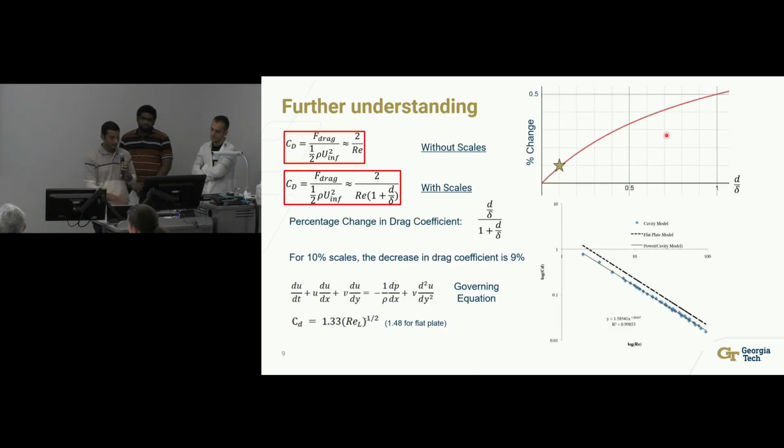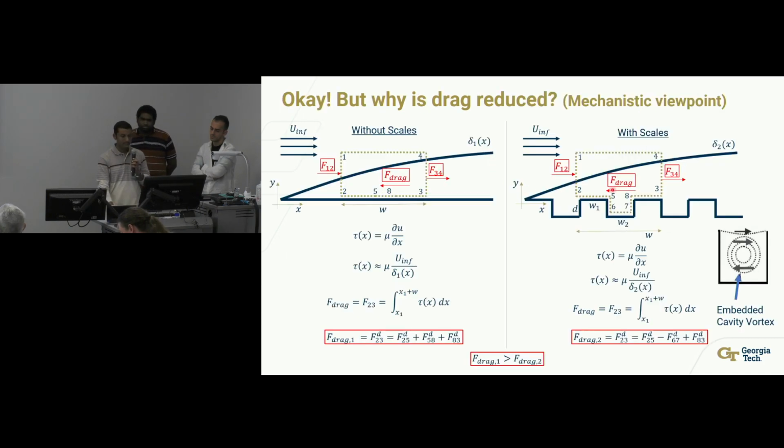And with this simple analysis, when we try to estimate the coefficient of drag, we see it is of the order of 2 over Reynolds number without scales. And with scales, we see it is of the order of 1 plus d by delta, where delta is our boundary layer thickness. So here d is the length of the scales, and delta is the boundary layer distance.